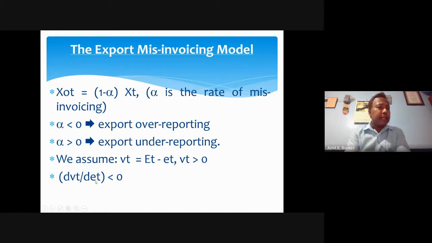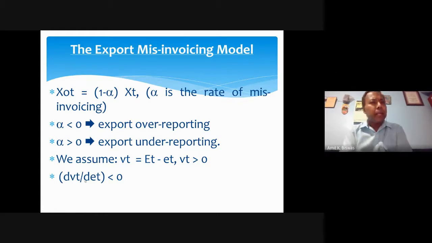And if there is any devaluation or depreciation of my official currency, which is capital E, which is small e, this would make V fall, because if E goes up, ET does not change. You know, this gap would fall. Therefore, dV/dt, or the change in V with respect to change in T, is less than 0.